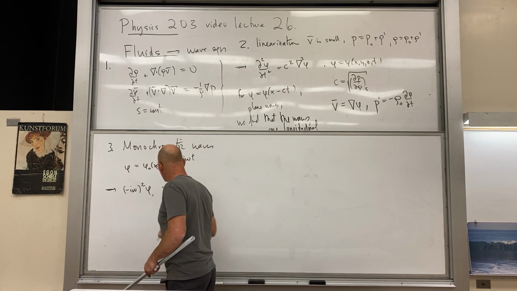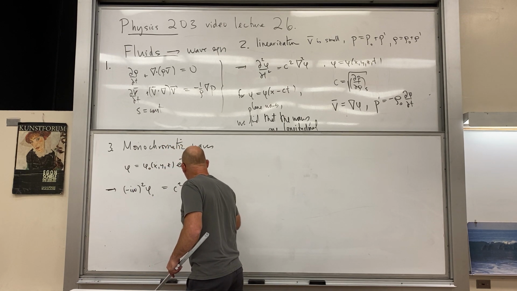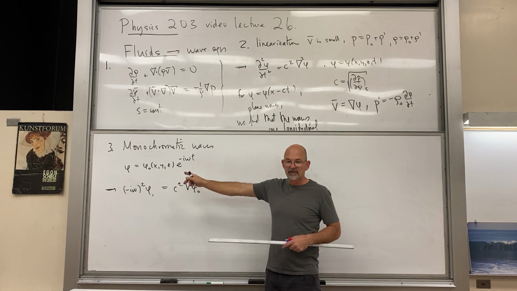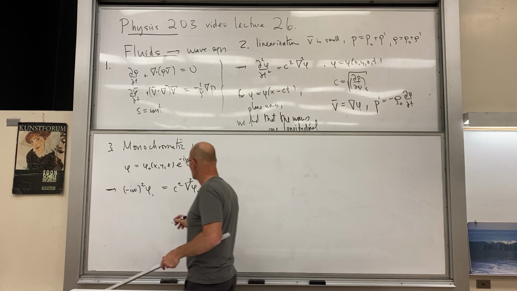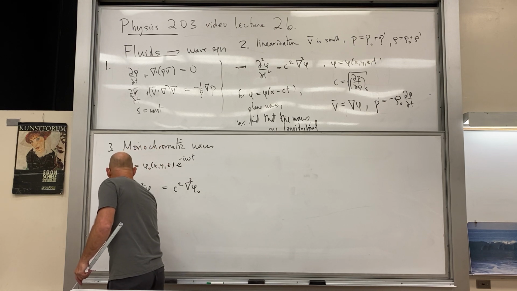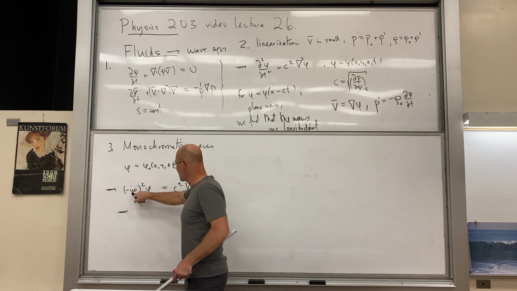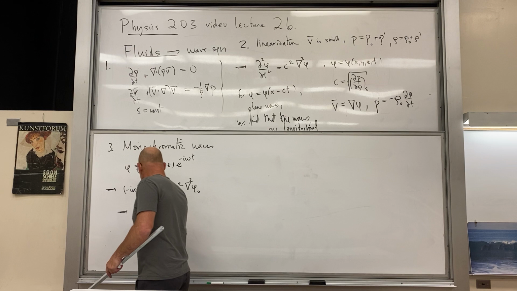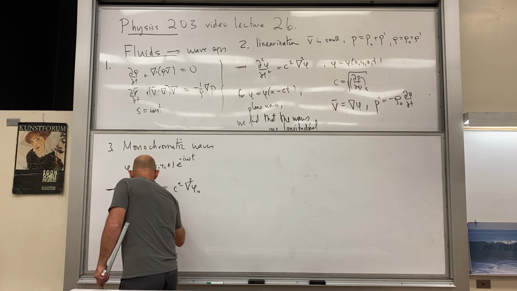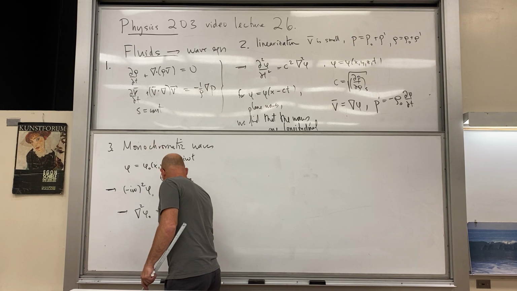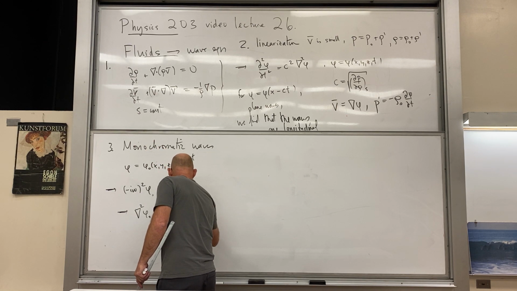Actually, we can go ahead and write phi naught, del squared phi naught, because the time dependence, of course, cancels for both sides. And that'll leave us with a minus sign. So we'll end up with del squared phi naught is equal to minus omega squared over c squared phi naught.